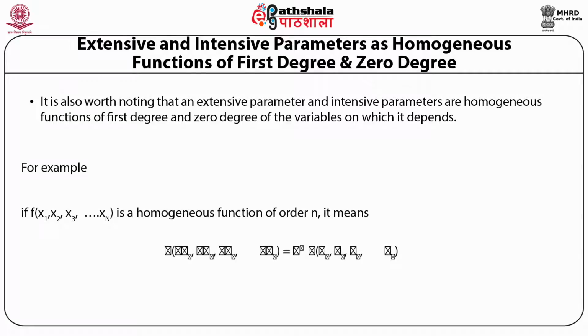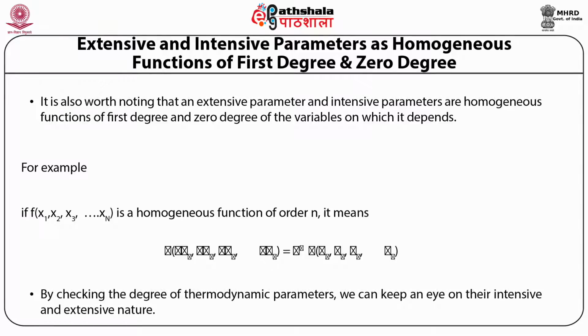For example, if f, which depends on x1, x2, x3 and so on up to xn, is a homogeneous function of order n, it means f with its independent variables scaled by lambda, that is x1 taken as lambda x1, x2 taken as lambda x2, x3 taken as lambda x3 and so on, xn taken as lambda xn, will become equal to lambda raised to power n times f as a function of x1, x2, x3 and so on up to xn.